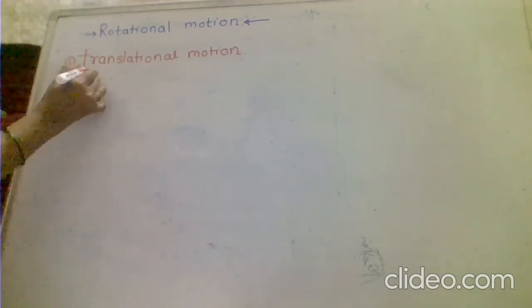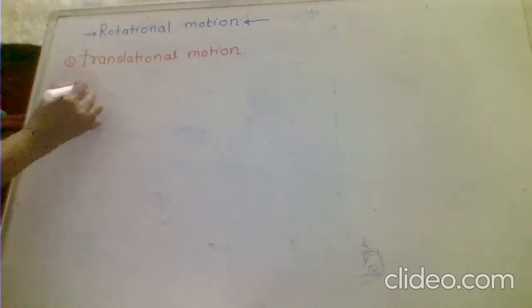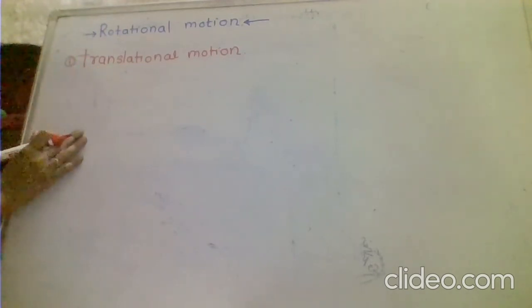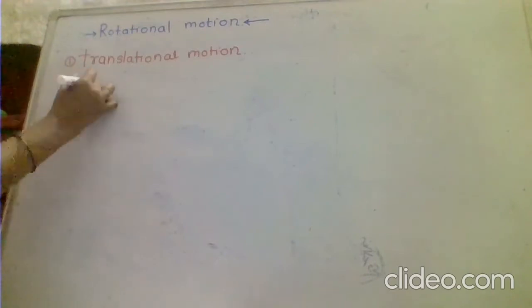In the translational motion of a system, we know that there are a number of particles in the system.